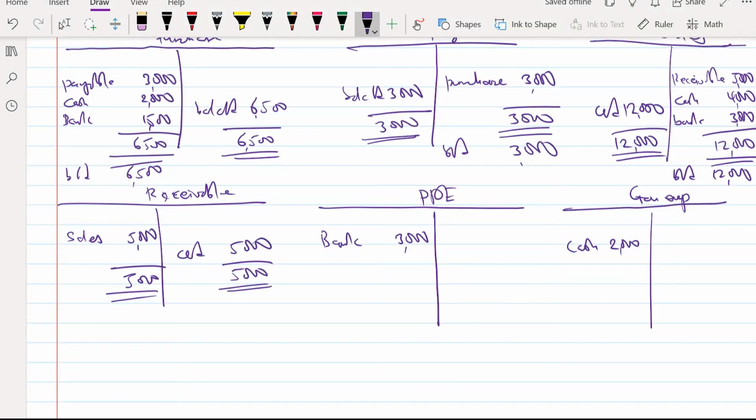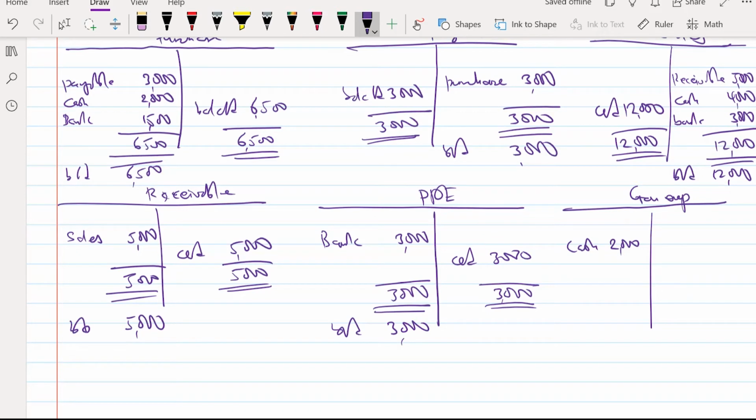CD 5,000, BD 5,000. PP account 3,000, 3,000. CD 3,000 and BD 3,000. We have 2,000, 2,000, CD 2,000 and BD 2,000.